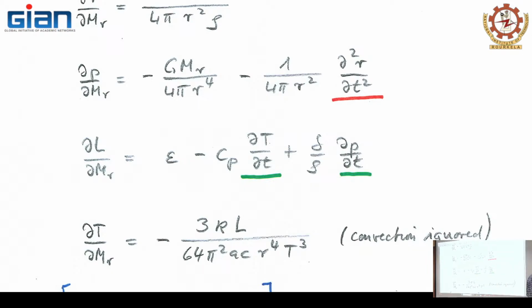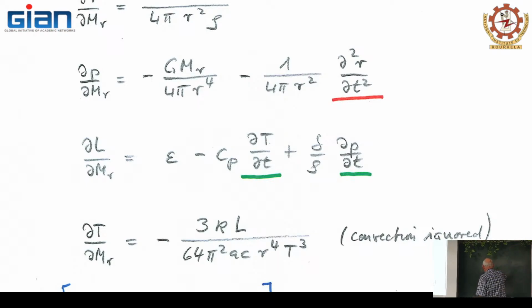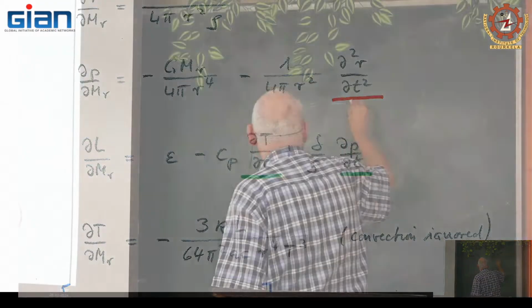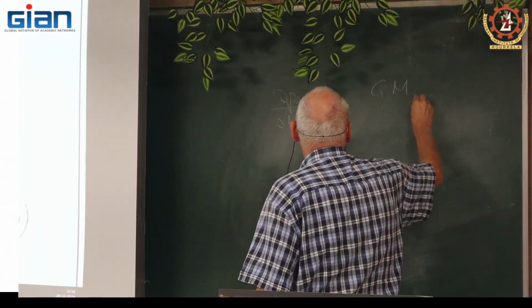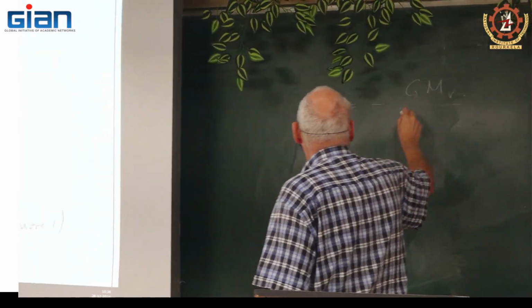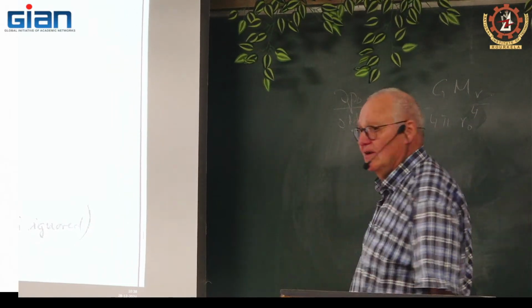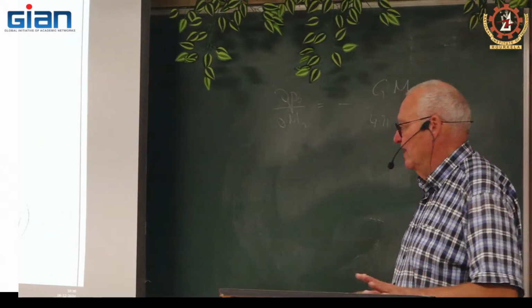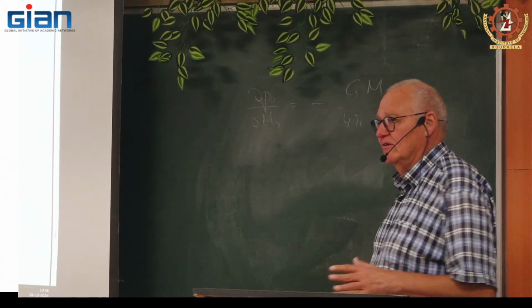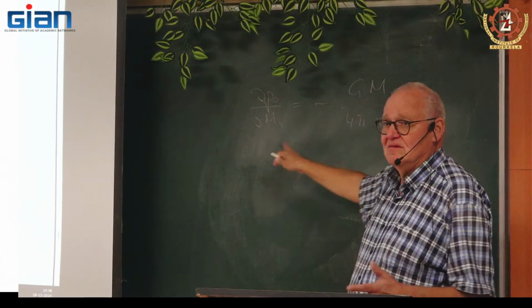We assume first that this equation has been solved by stellar evolution, for instance, and we have dP0 by dmr equal to minus G mr over 4 pi r0 to the fourth. So we have the values of P0 and r0, and they satisfy this equation.